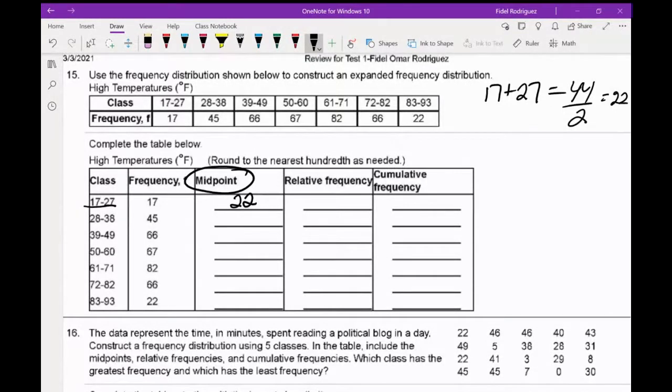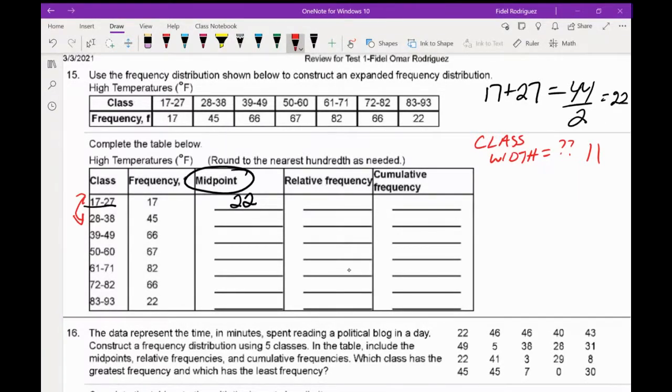Now, does anybody know what is my class width? Anybody know what my class width is? Is it 11? It is 11. Very good. Excellent. And you got 11 by just subtracting, right? 28 minus 17 gave us 11.